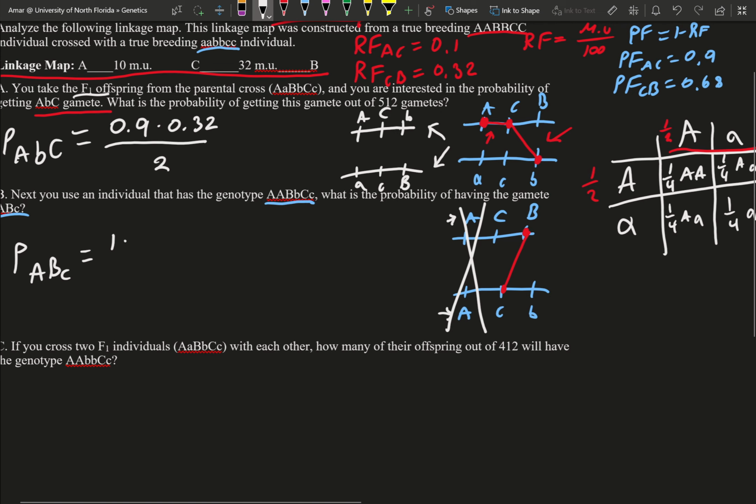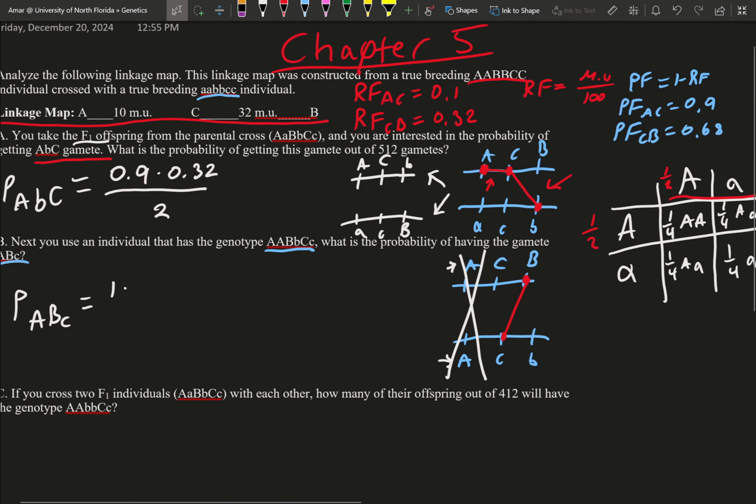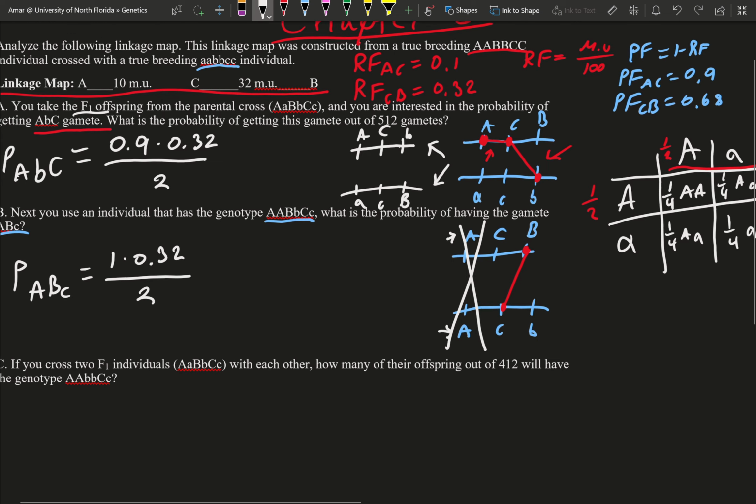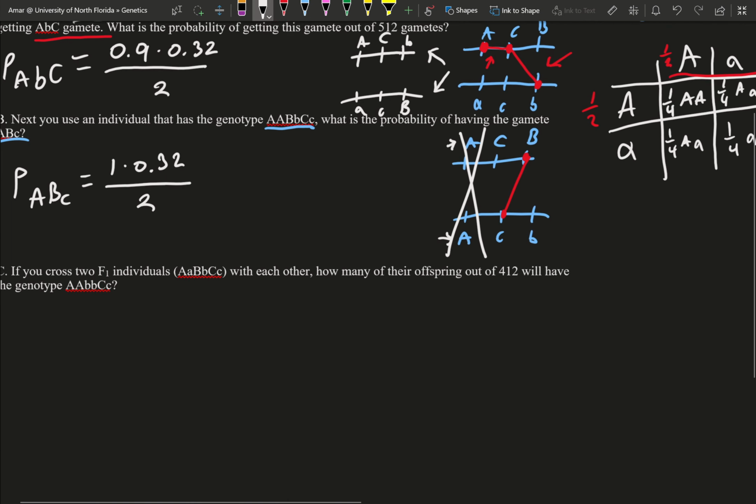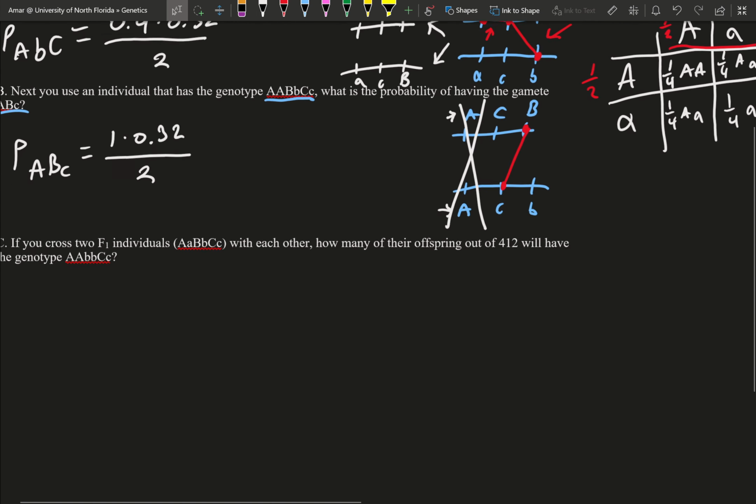So we're going to use the recombination frequency between C and B, which is, I forget, 0.32. And then we're going to always divide it by 2, and then we will get our answer. And that is it. That is how you solve that problem, okay? So hopefully that made sense. That's sort of like a trick question that you might see on your exam.